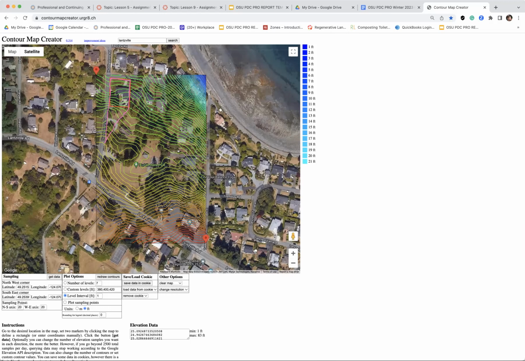Well, maybe what I'll do is start Google Earth and show you. Yeah, okay, Joe wants another example. I will do that. Let's see.